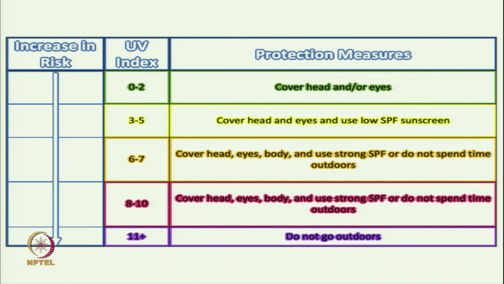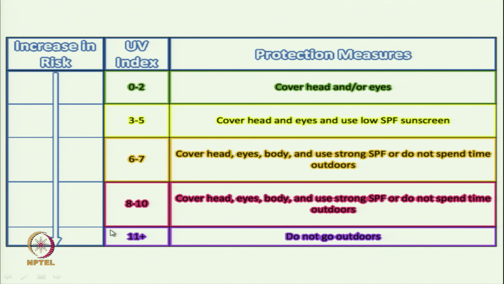Low sun protection factor sunscreen is enough. For 6 to 7 we have to cover head, eyes, body, and we have to use strong SPF sun protection factor sunscreen, and we should not spend long time outdoors.